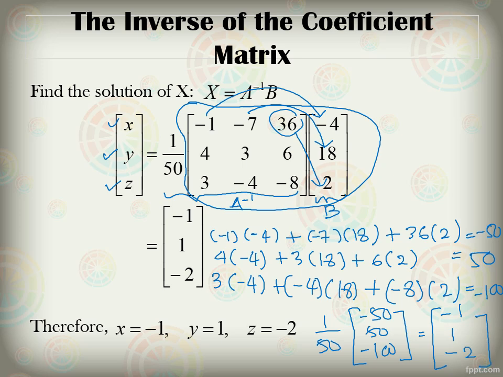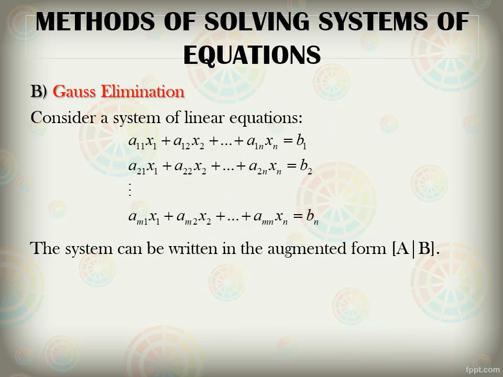Which is this. Right, so here the solution is x equal to minus 1, y equal to 1, z equal to minus 2. Alright, so we're done with the inverse method.